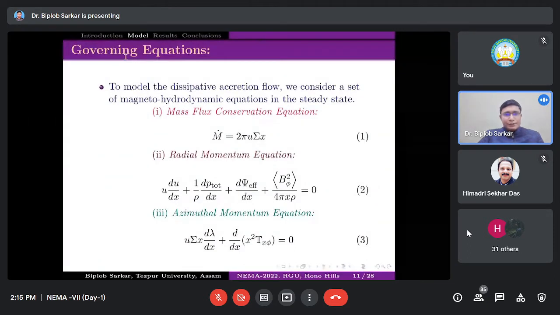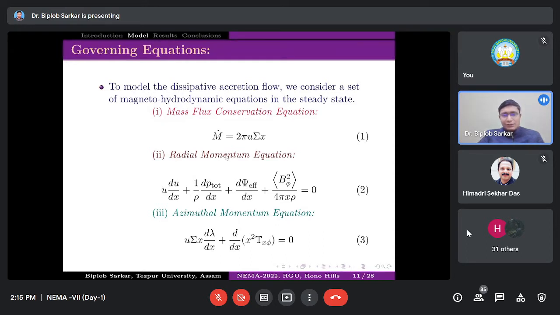Now let me discuss the governing equations. In order to model the dissipative accretion flow around the rotating black hole, we must consider a set of magnetohydrodynamic equations, and we will do the study in the steady state. The first equation we have to consider is the mass flux conservation equation.